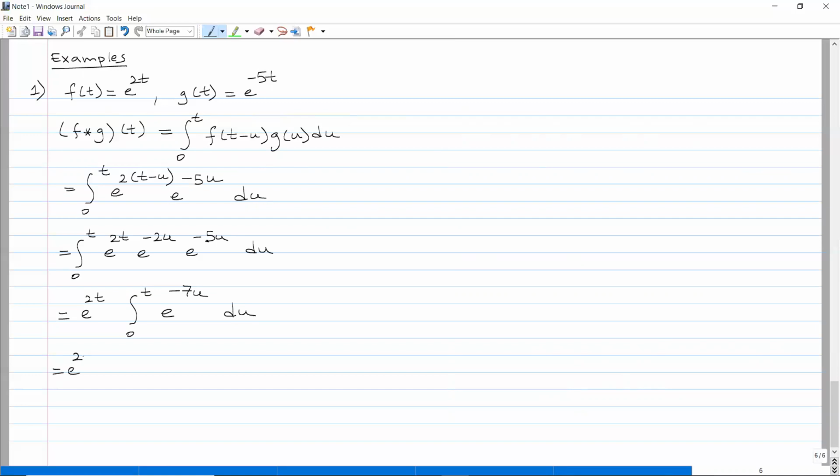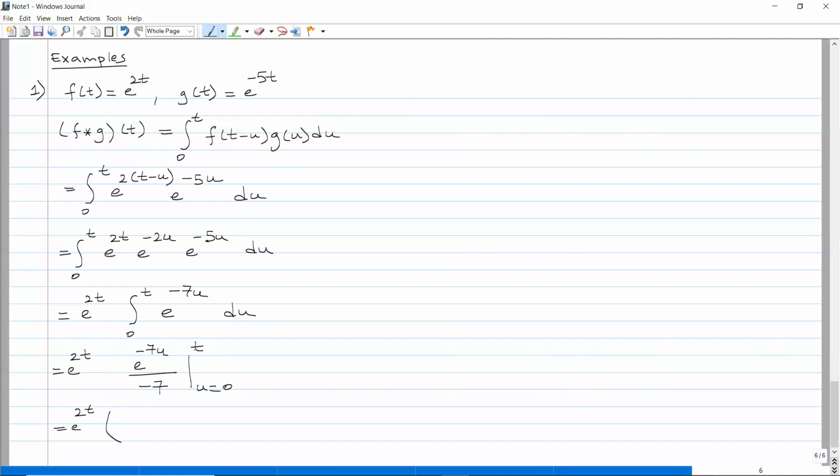Okay, so if I take the antiderivative of e to the minus 7u with respect to u, it is e to the minus 7u divided by minus 7. And I evaluate this for u from 0 to t. To t, not u, I'm sorry, to t.